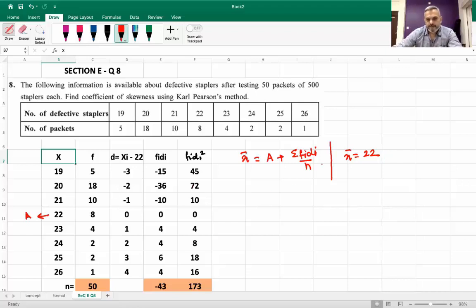Now sigma Fi di is minus 43, so plus in the bracket minus 43 upon N is 50.